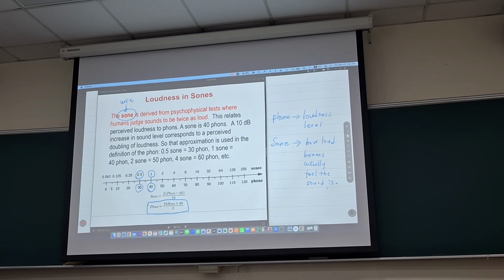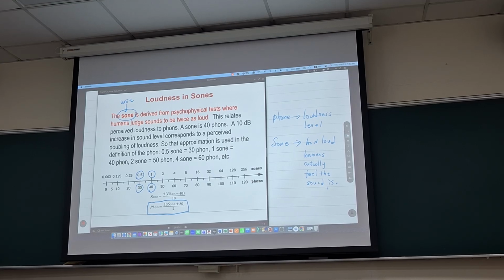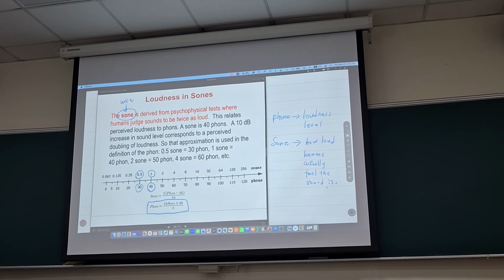Normally, we use phone to measure the loudness levels, like from the street, from the machines. And we use sound to measure how loud humans actually feel or actually hear the sound.